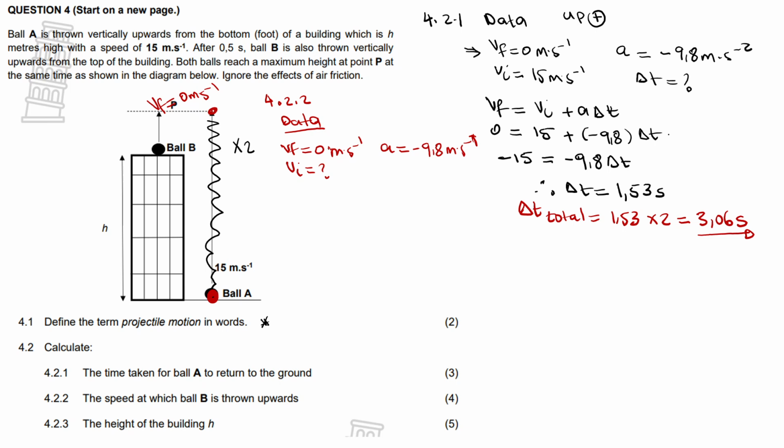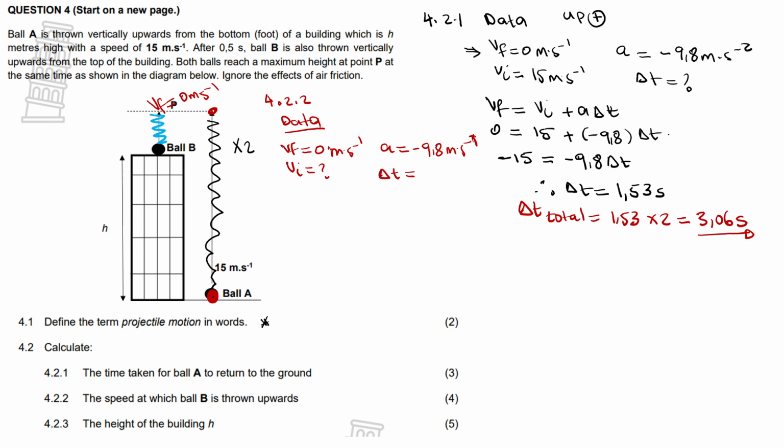So now what else do we know? This is what we have so far. We can substitute everything, but now let's talk about the time. What is delta t? The time that it will take ball B to reach its maximum height.